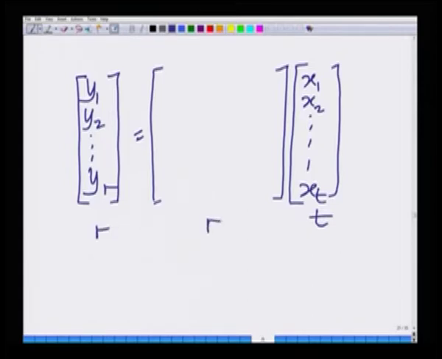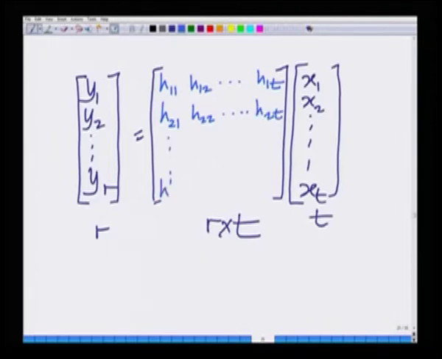Hence, we know that the matrix has to be R cross T dimensional, and that can be represented as follows: H11, H12, so on up to H1T, H21, H22, so on up to H2T, so on up to HR1, HR2, so on up to HRT.